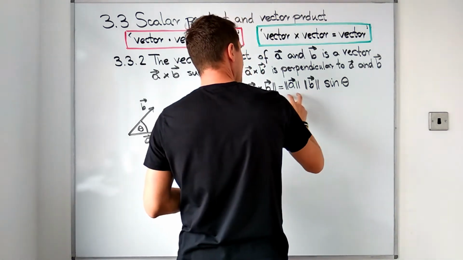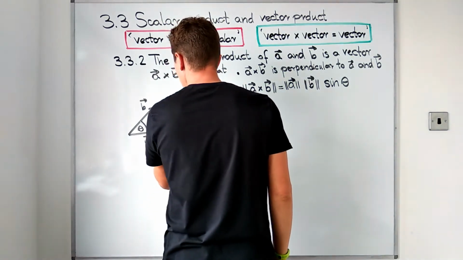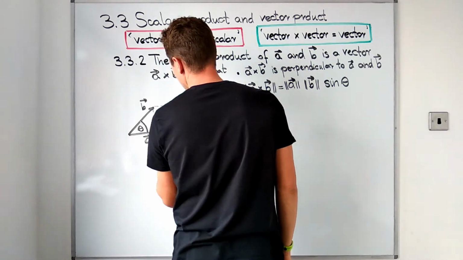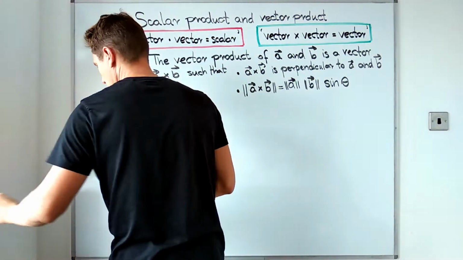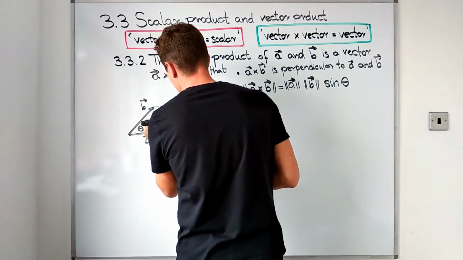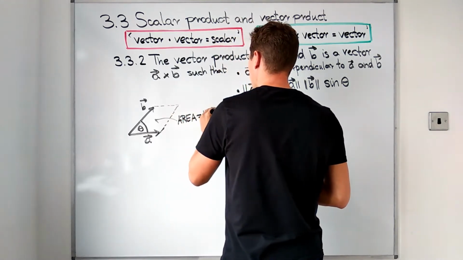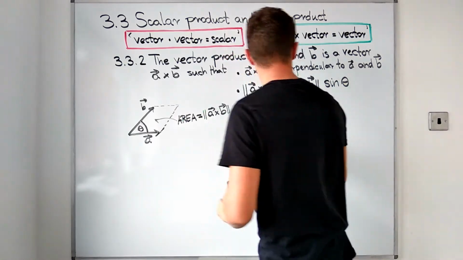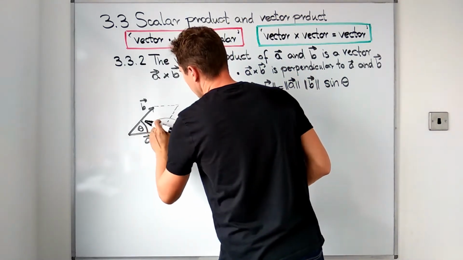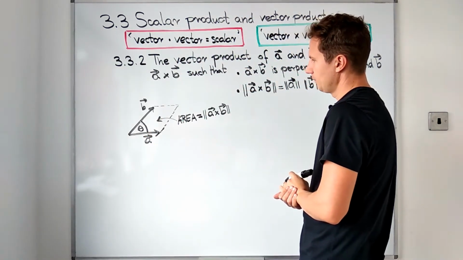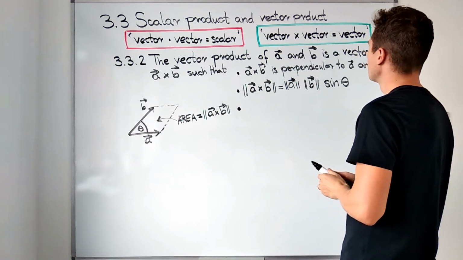What this quantity is, the length of our cross product, is the area of the parallelogram that A and B span. So this area is equal to the length of A cross B. If you remember your trigonometry, you can give it a simple proof.